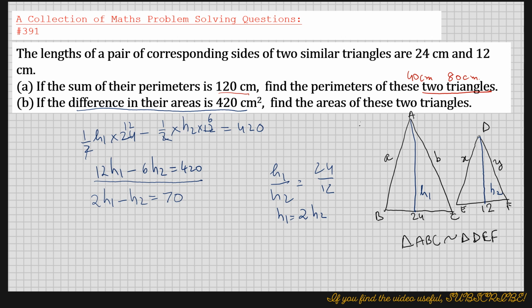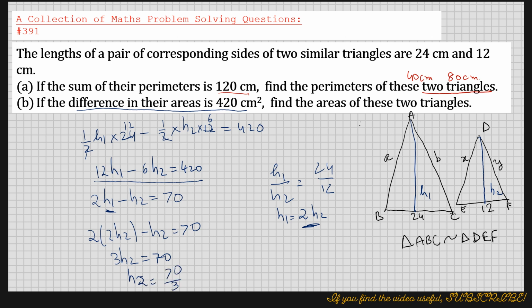Now, instead of h1, I can write twice of h2. So 2 times twice of h2 minus h2 is 70. So 4h2 minus h2 is 3h2, and 3h2 is 70. So I got height h2 is 70 out of 3.